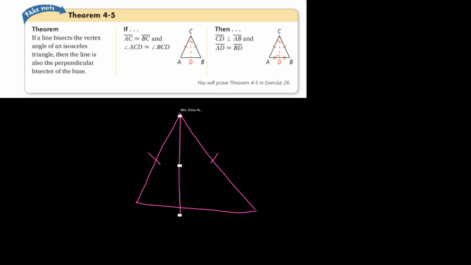If there's a line that bisects the angle, that makes this angle equal with this angle. If this line comes in an isosceles triangle and bisects the angle, it will be perpendicular on the base, and also it cuts the base into two equal sides.